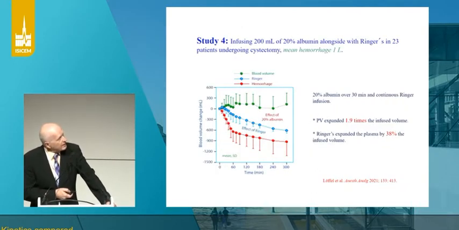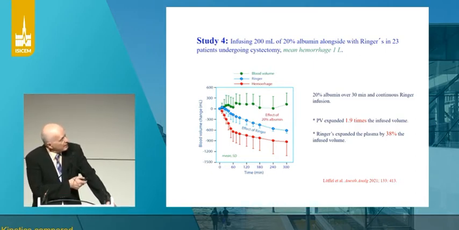Next slide is from the current issue of Anesthesia and Analgesia. Here, the volume expansion from the albumin solution has been calculated differently. This is a regression method, but we see that the expansion is about the same, 1.9 times the infused volume, although we have a hemorrhage situation here.